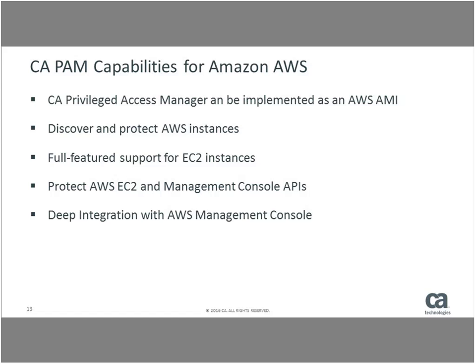It has full-featured support for all of these EC2 instances. So every feature that I've just been describing is available to control access to those systems that you are hosting in the cloud. And the really slick implementation of AWS Management Console APIs.